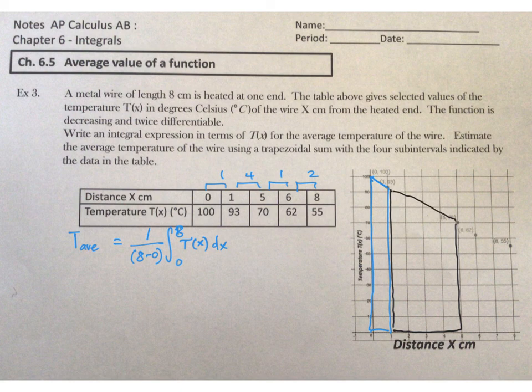From 5 to 6, delta x is 1. So here's another trapezoid. And the last one is from 6 to 8, where delta x is 2. Now if we add all these 4 trapezoids under the curve, we get the integral, and then dividing by 8, we will get the average temperature. I would like you to complete the problem and solve for the average temperature. Good luck on your homework, and I will see you in the next video.